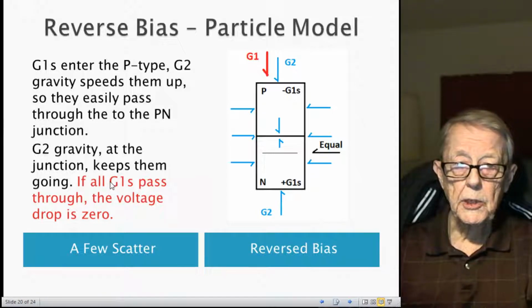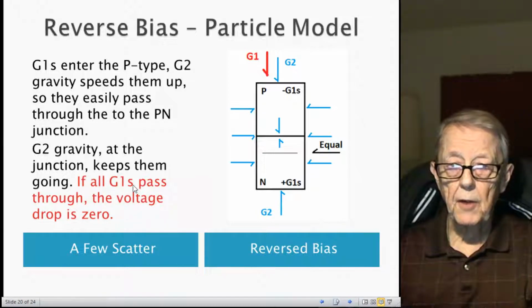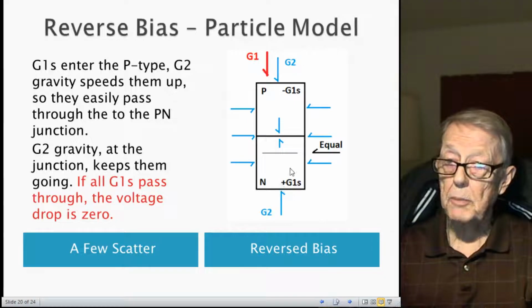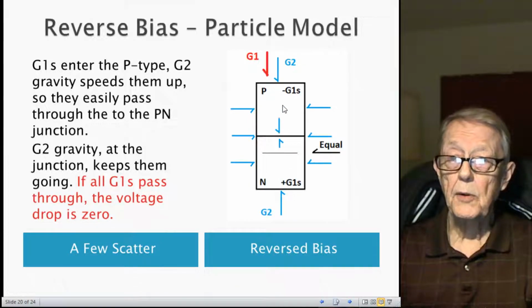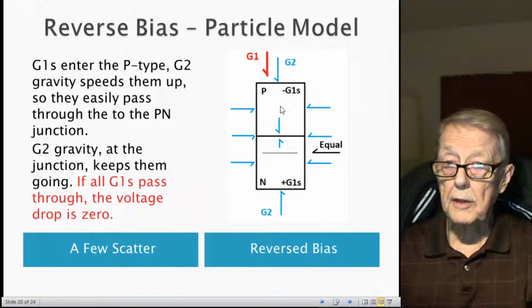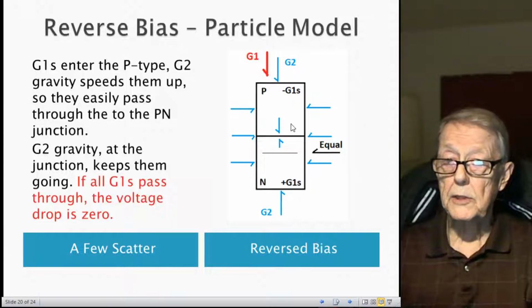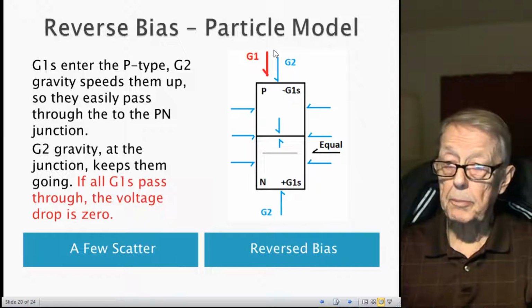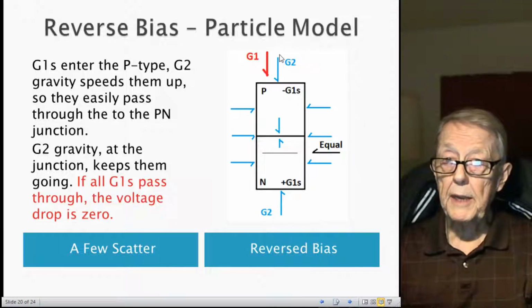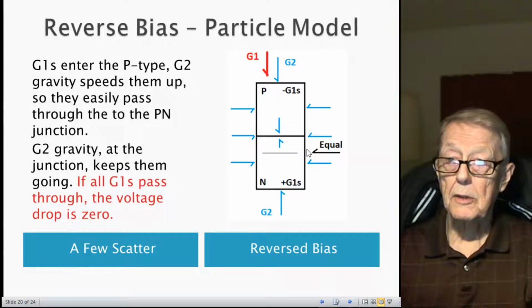If all G1s pass through this, there is 0 voltage drop. That's kind of counterintuitive. When we think of current flow, a lot of current flow, you get a big voltage drop. But in a particle model, when you have B entering and B leaving, and you haven't lost any particles, there's no voltage drop.